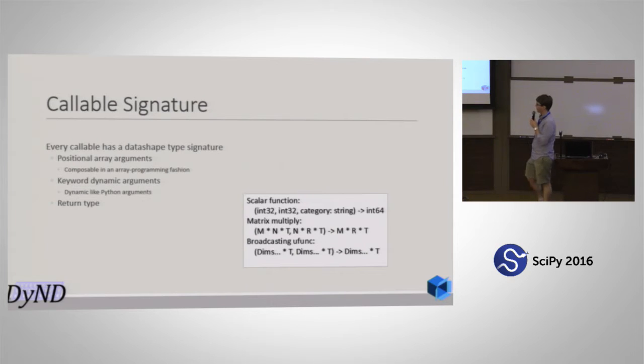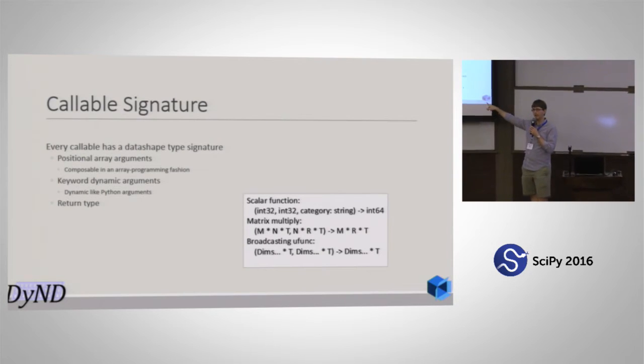The callable has a signature, which basically says what it specifically matches against. And this is written in datashape. A scalar function will have just scalar types in it. For a matrix multiply, you'll see we have names matching up.